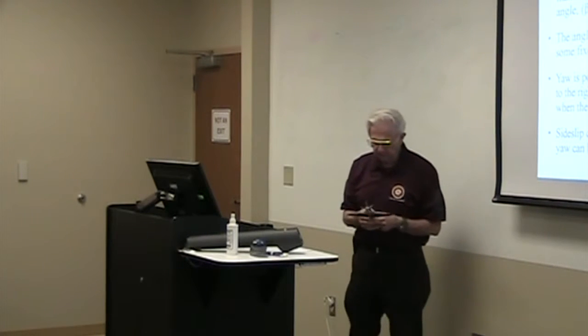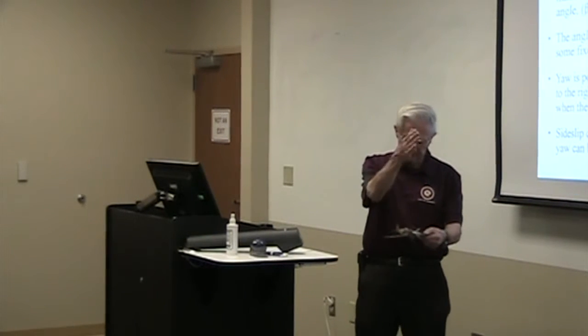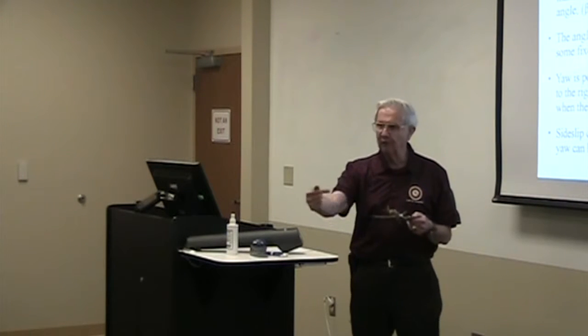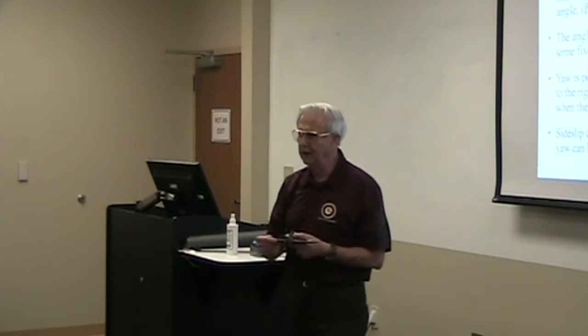But the angle at the plane of symmetry, we cut the airplane in half down the middle, the angle that makes with the relative wind, which way the wind is blowing, most of the time it's right on the nose. But when it comes from the side, one or the other, it's side slip.